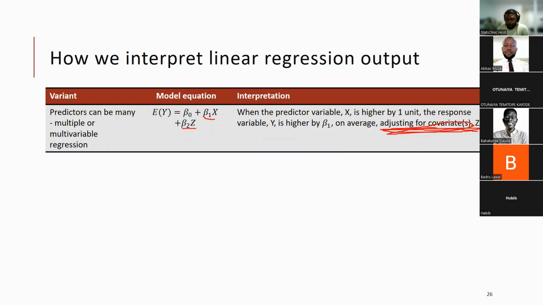Beta 2 is the contribution to the average number of hours worked, the increment in hours, when a person has a child, adjusting for covariate X. Yes, adjusting for covariate X. So the increase or the difference in the average number of hours worked when a person has a child compared to if they didn't have the child, adjusting for whether they are married or not. This is the way to think about the interpretation.